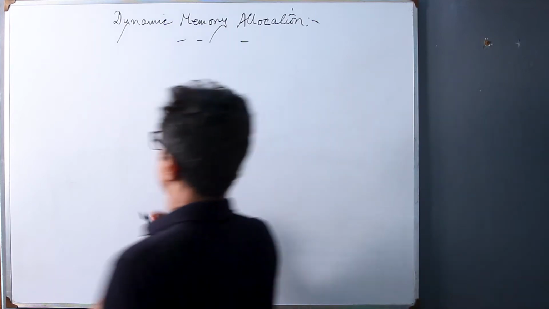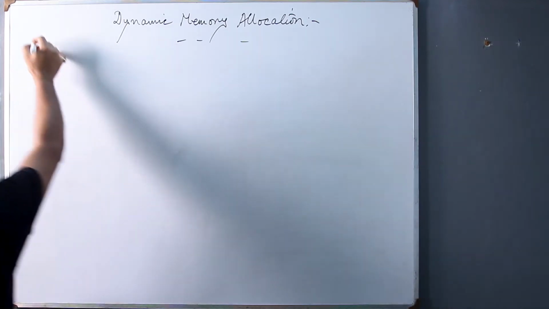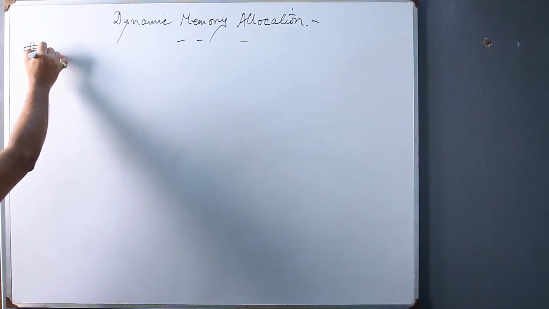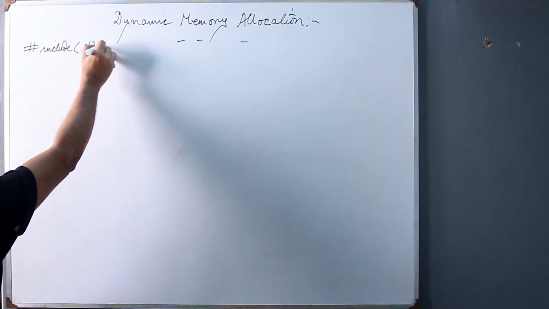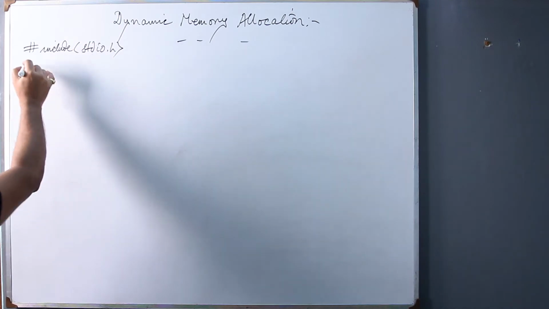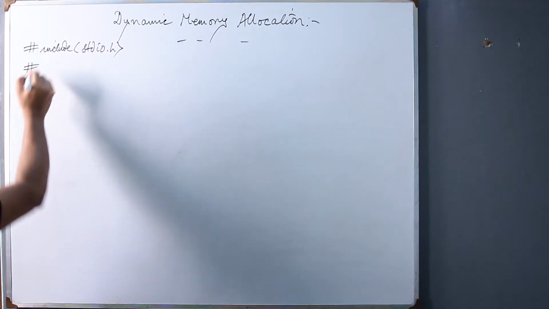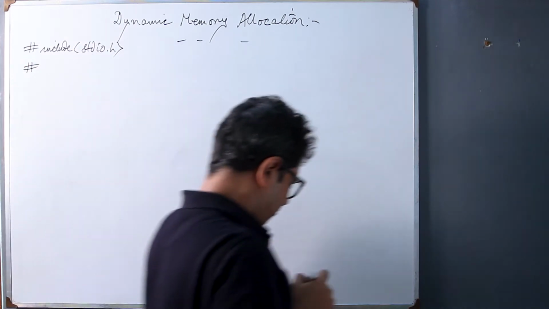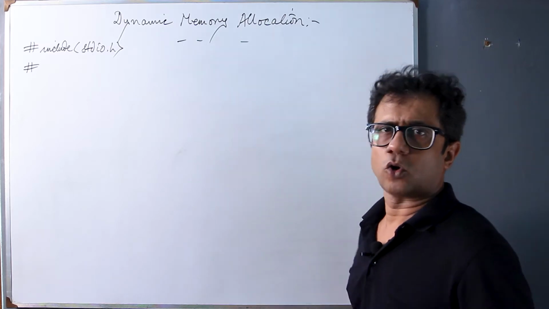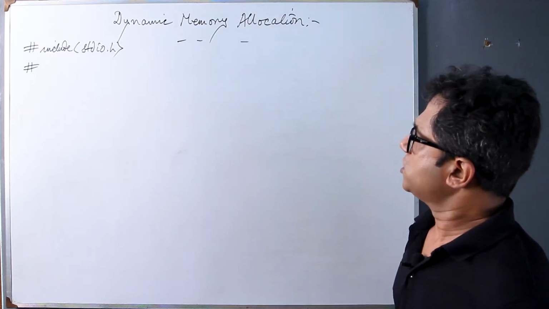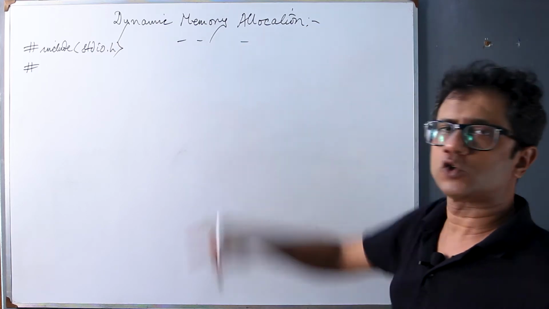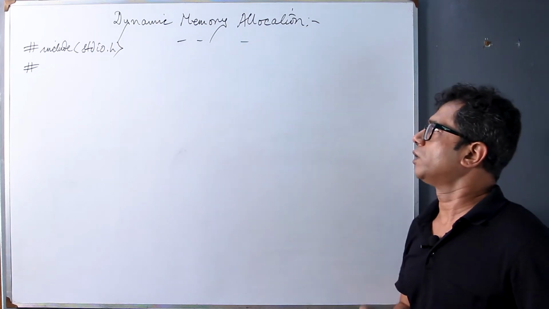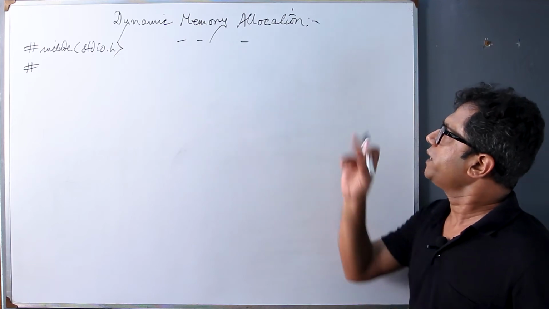So, let me write the code. #include <stdio.h>, and then we have to include another header file which is called alloc.h, which will hold the malloc function to be employed in the program in order to dynamically allocate memory.